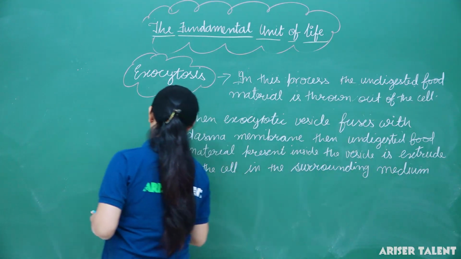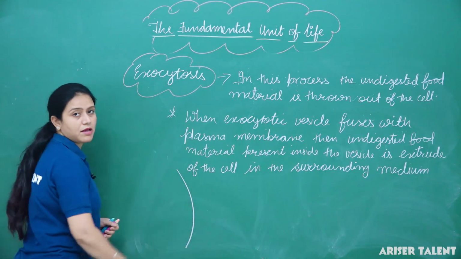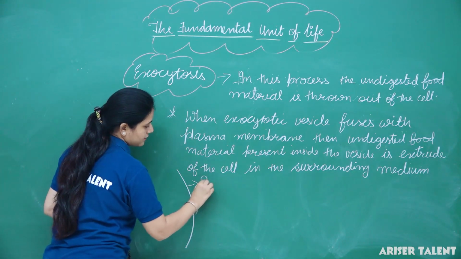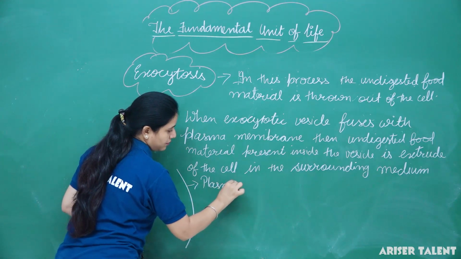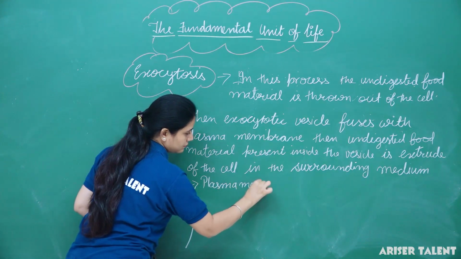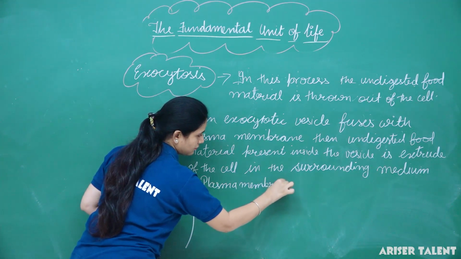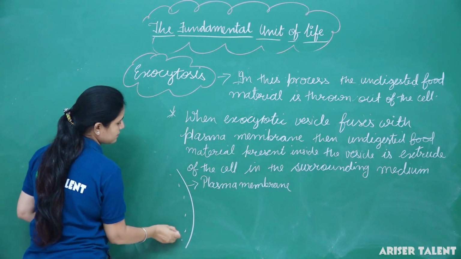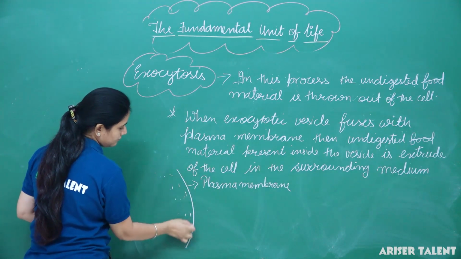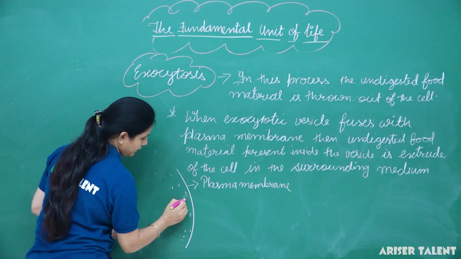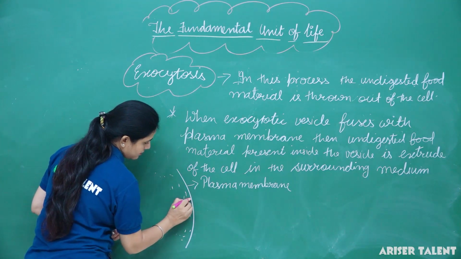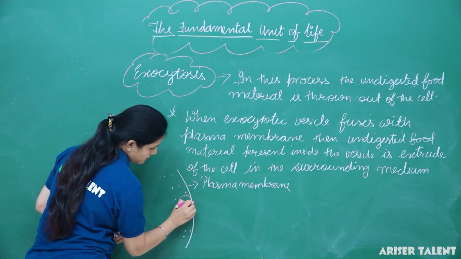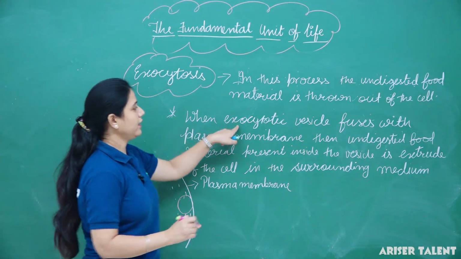Okay, how does it take place? Here we can understand, this is the plasma membrane. It has cytoplasm inside the cell. Here, this is what?